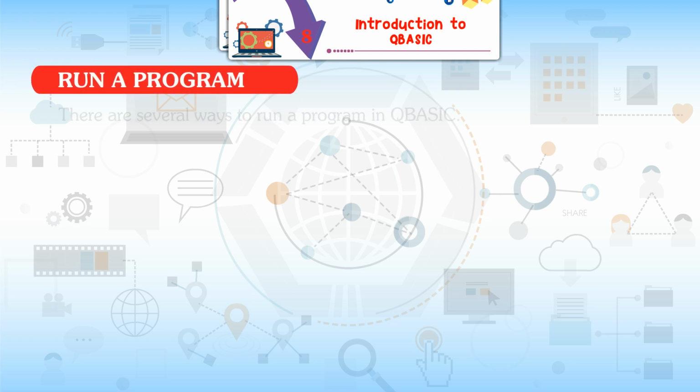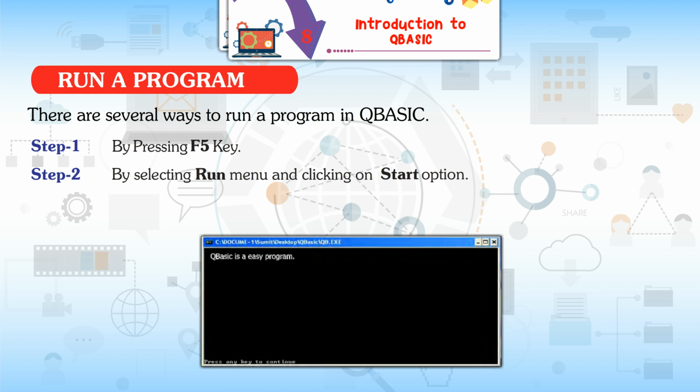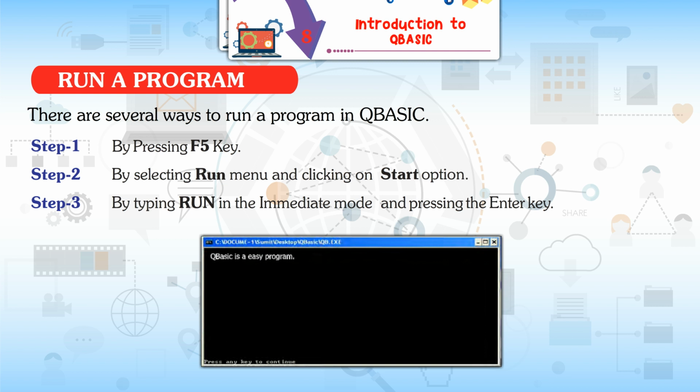Run a program. There are several ways to run a program in QBASIC. Step 1: Press the F5 key. Step 2: Select the Run menu and click on the Start option. Step 3: Type RUN in immediate mode and press the Enter key.